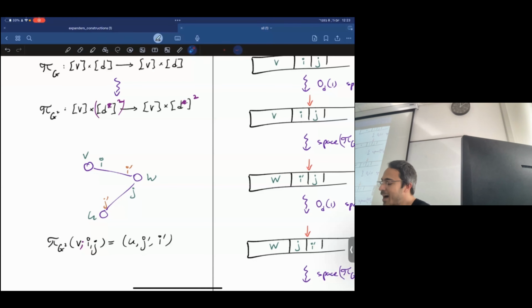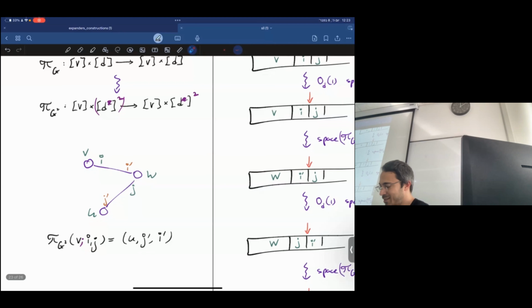So how does squaring work? You start at vertex v and go to neighbor i of v. You get to some w. Pi of G will tell you where you go. You go to some w, and w considers v as its i prime neighbor.